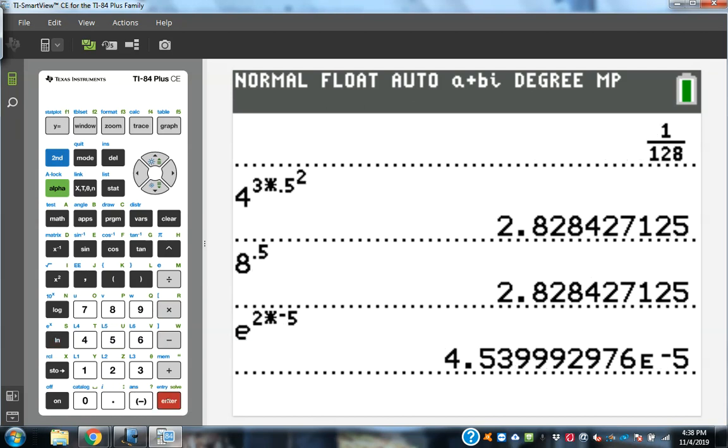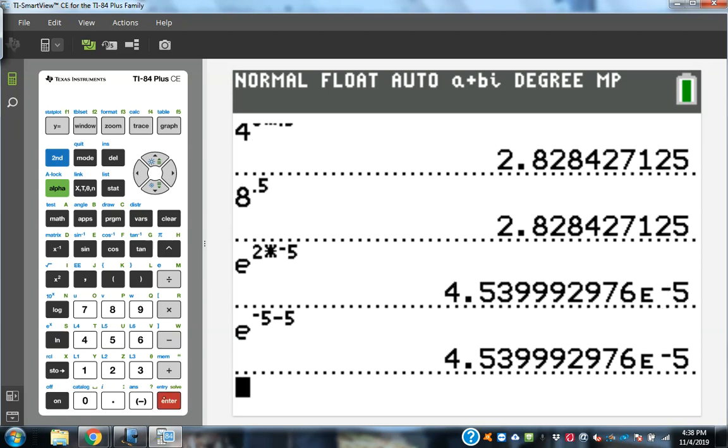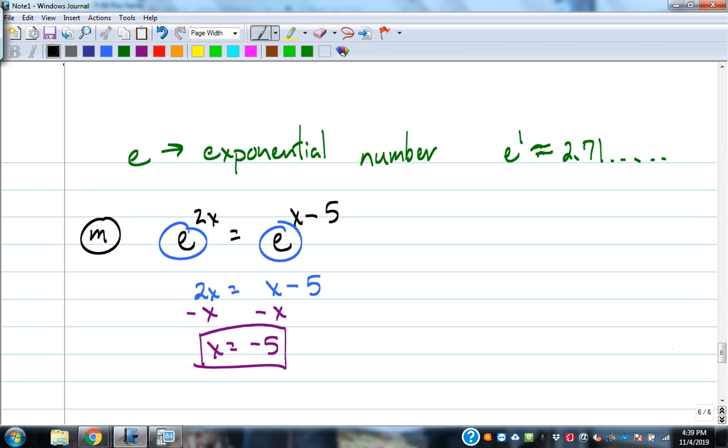That's the left-hand side of my equation. I get this ugly decimal here, which is what you would expect from a decimal number being raised to a power. And then on the other side, I'm going to do E to the negative 5 minus 5, which is the exact same ugly decimal number. So we know that that's the correct answer for this particular equation.